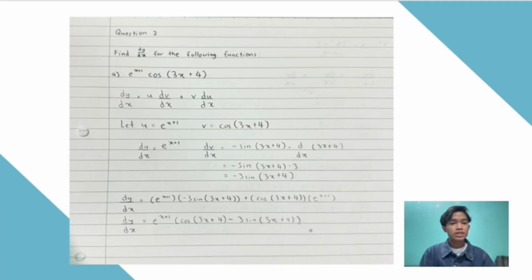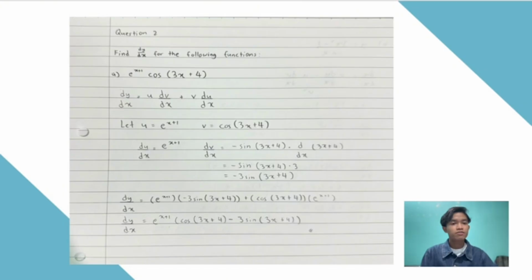So we start with let u equal e power of x plus 1 and v equal cos 3x plus 4. Okay, first, I differentiate u. So du over dx equals e power of x plus 1. Next I differentiate v using the chain rule.